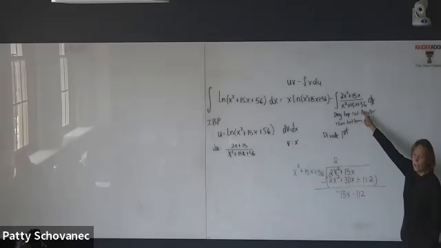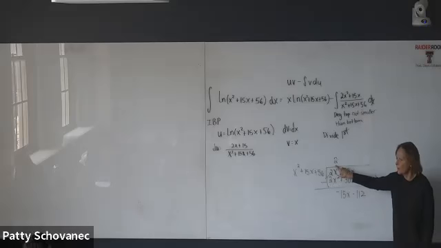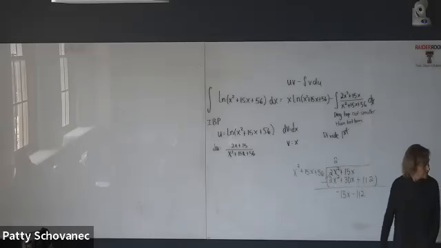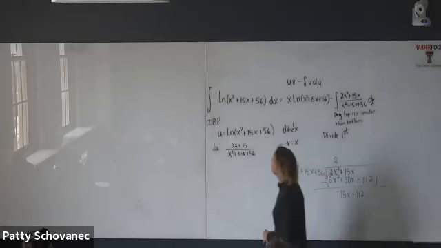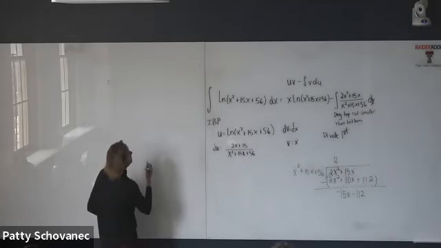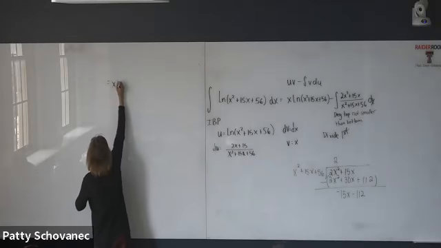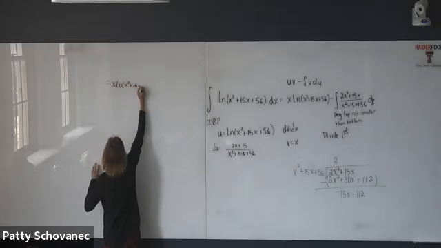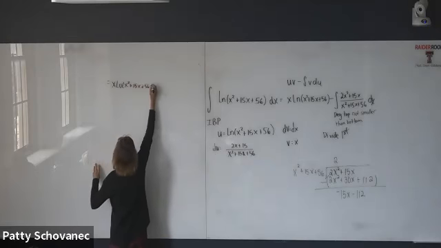So this integral back here can be written as the whole part plus the remainder over the divisor. So let's put that out over here. We'll first have the x times the natural log of x squared plus 15x plus 56.